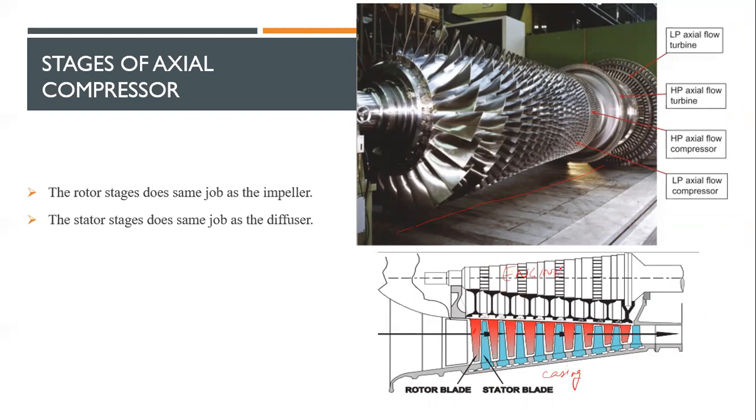Of course, this whole part is the engine, but if you want to distinguish between them, the rotor is the one which is spinning. It is continuously spinning. And why is it spinning? Because it is attached to the shaft that is connected to the turbine. But the stator is fixed. Stator is stationary. It is attached to the outer casing.